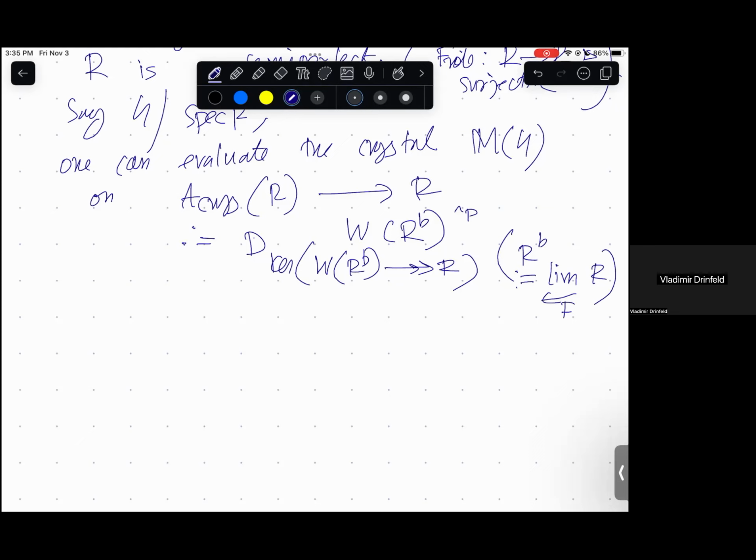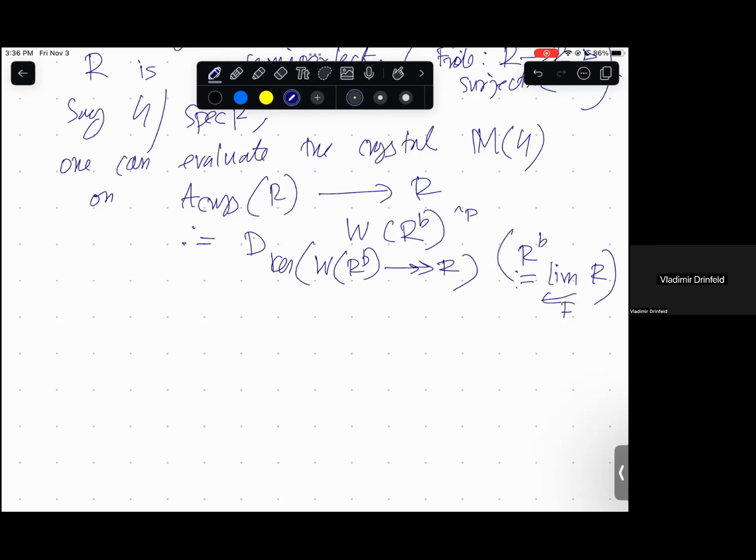If R is semi-perfect, then the category of PD thickenings has either a final or an initial object, depending on whether you work with schemes or rings. If you think in terms of schemes, then it has probably a final object, if you have maybe a pro-object, with some small caveat.